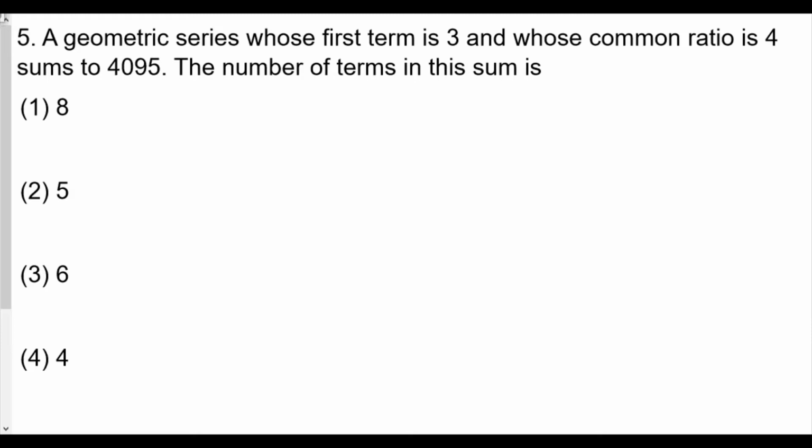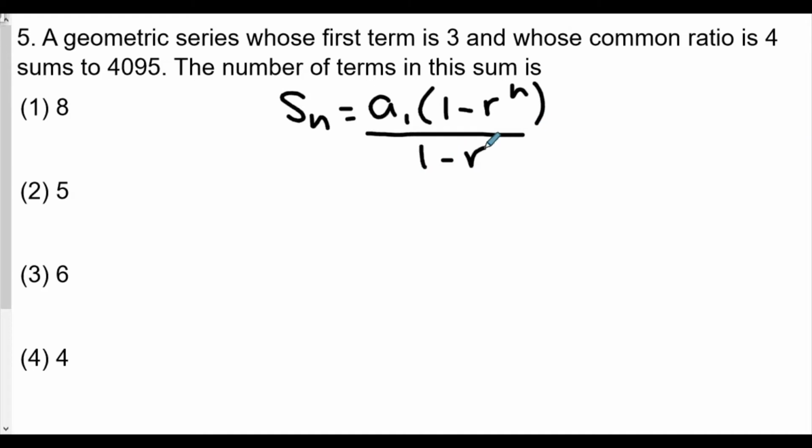So what happens is we use our formula here: S of n is equal to a1 times 1 minus r to the nth power all over 1 minus r. And we're looking for the n value, so we don't have to use our nth term here. We know our sum is 4,095.